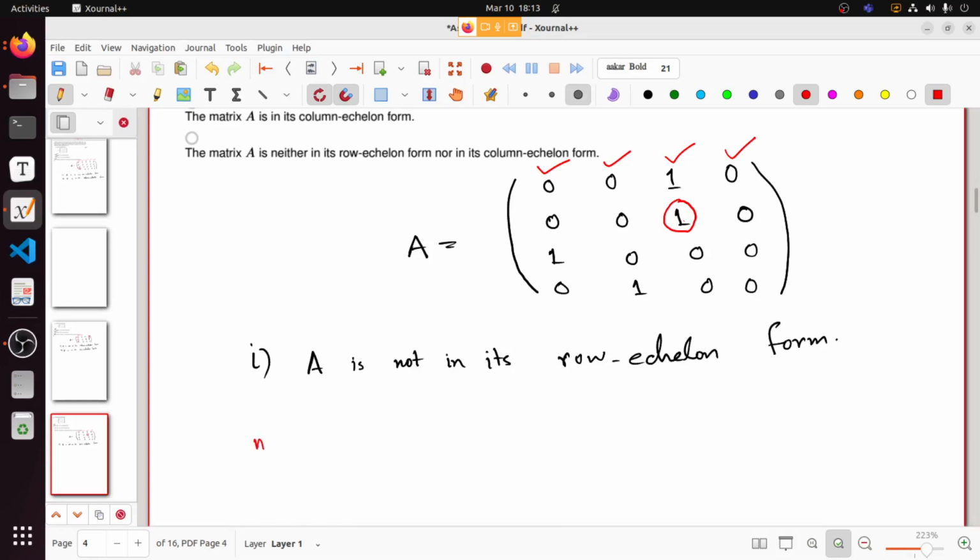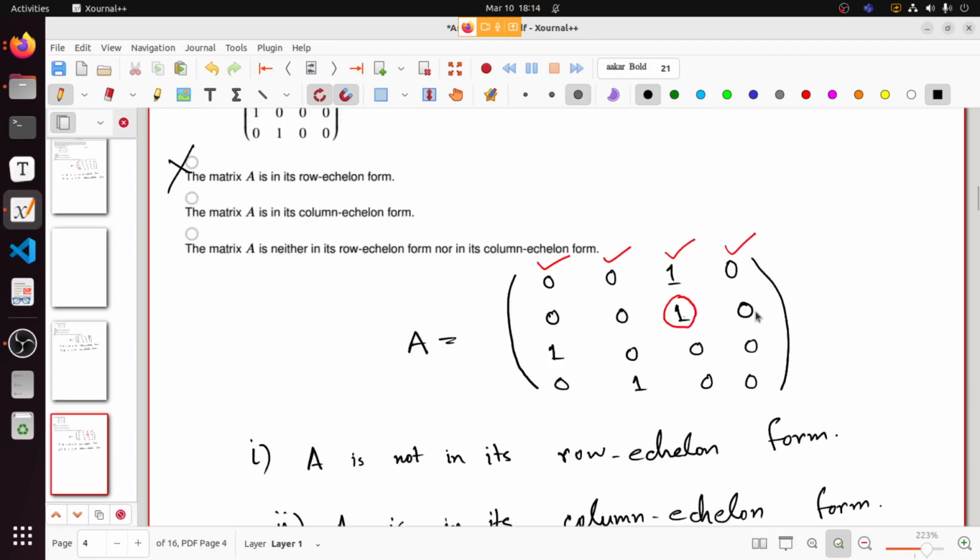So that means A is in its column echelon form. Fine, so the second option is correct.